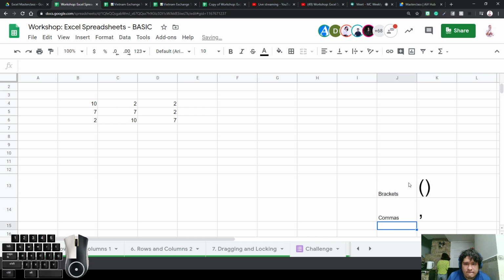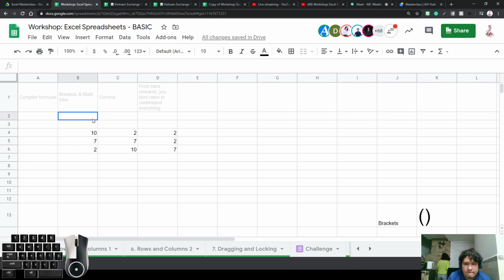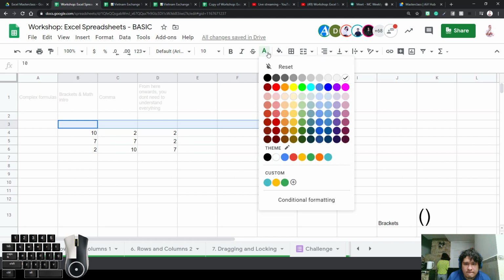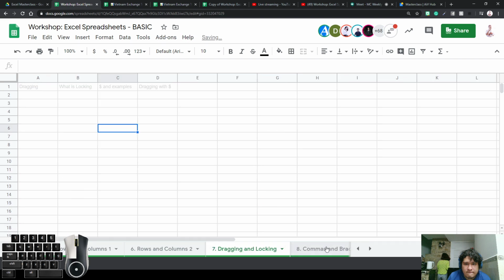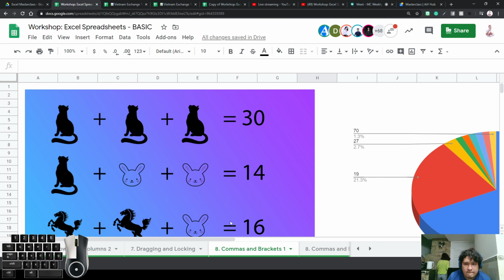So this is the first important thing to understand about formulas, right? At the beginning, I explained how this 10, 10, 10 is actually the cat.